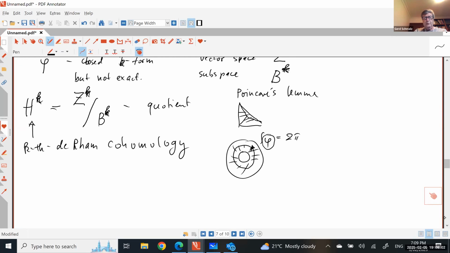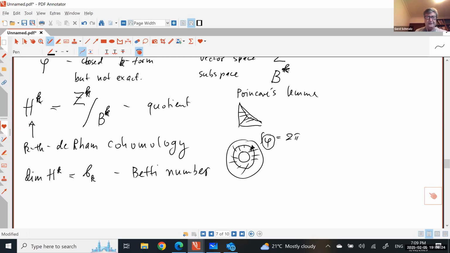And even if we do not know the de Rham cohomology, we may still know the dimension of the space. The dimension of the space is also interesting. It is called b_k, and has the name Betti number.